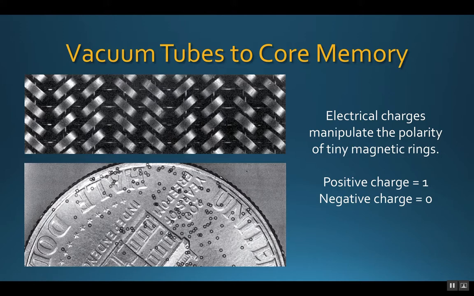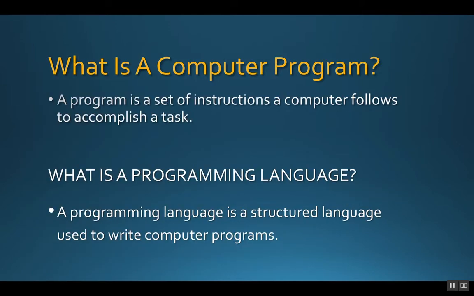And basically the electrical charge running through the wires would change the polarity of the magnetic rings to either a positive or a negative charge. This allowed the memory to be maintained, the magnetic charge to be maintained after the power was removed. So it actually was able to store memory without power.